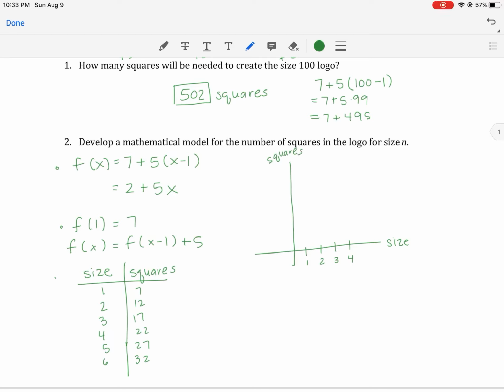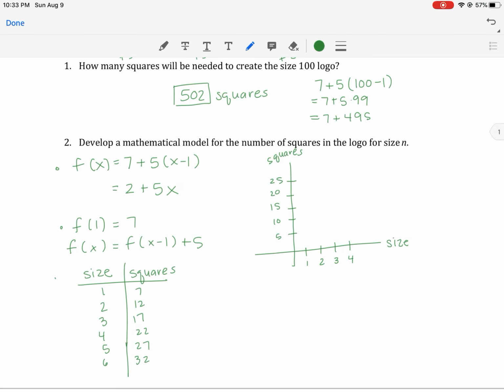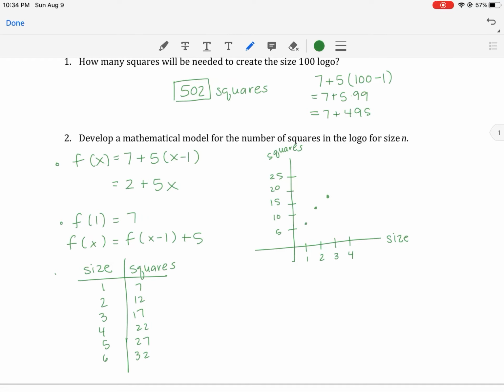And by the time we got to 4, we're all the way to 22, so maybe I'm going to count by 5, so like 5, 10, 15, 20, 25, and then you'd have to start plotting points like 1, 7, 2, 12, 3, 17, 4, 22. You would want them to be separate points, right? Because this is discrete. There's not like a size 2.5. And it should make a straight line if you set up your axes well.